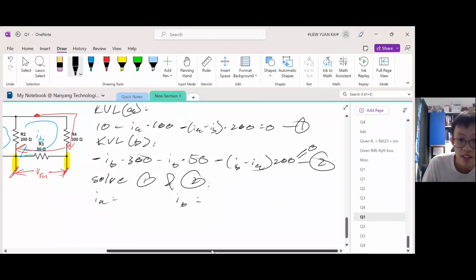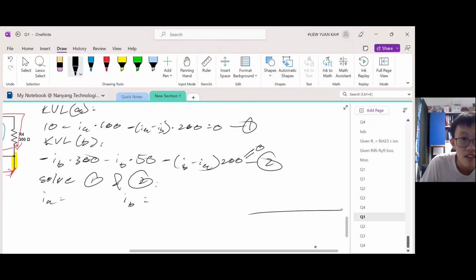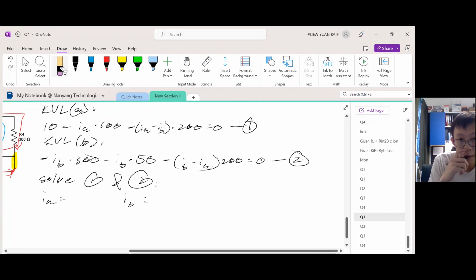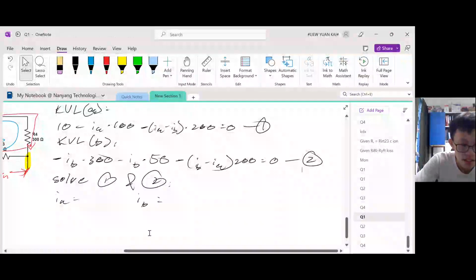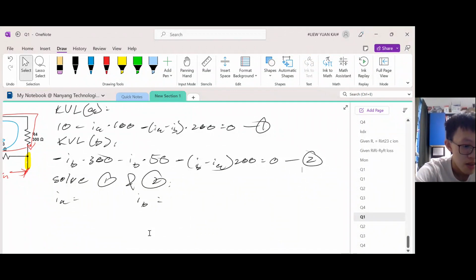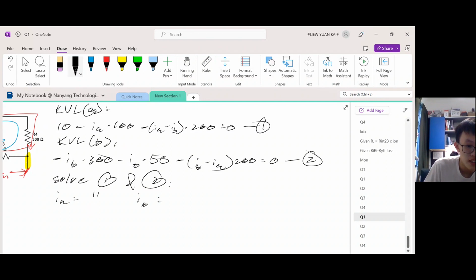Equals to 0. Let me redo that, sorry. Okay, so let me check if I punch it in correctly. 10 minus A times 100 minus (A minus B) times 200 equals 0. Minus B times 300 minus B times 50 minus (B minus A) times 200 equals 0. So what I got is this.